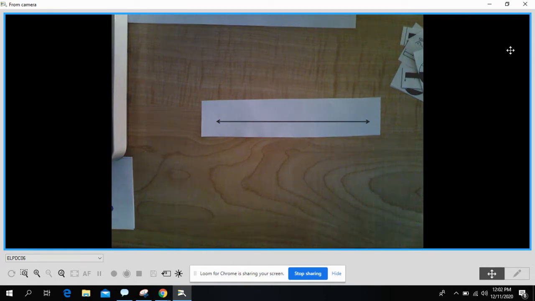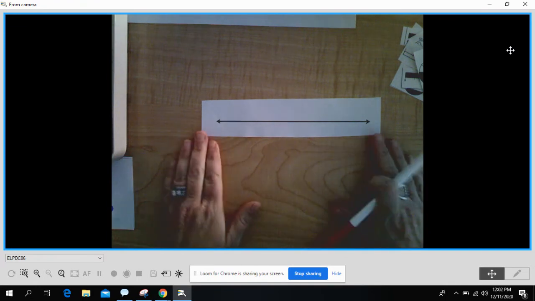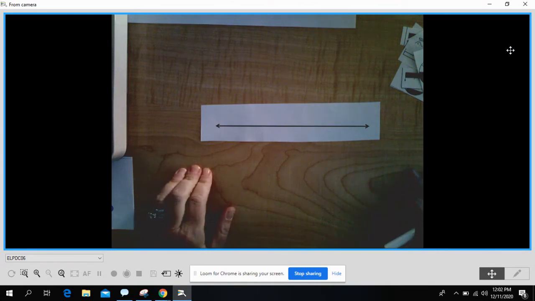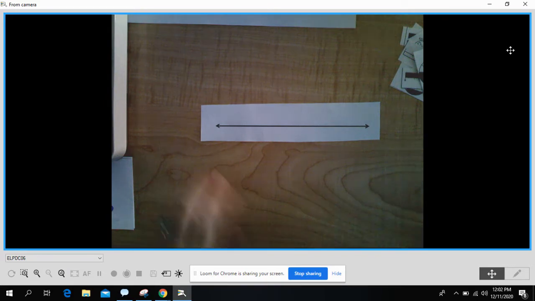I want you to be able to picture where these benchmark numbers are whenever you think about a fraction. So the ones that we're going to spend our time talking about today, like I said, are 0, 1/2, and 1. So here I have a number line right here in front of me for us to use. I want to label those three parts on the number line.